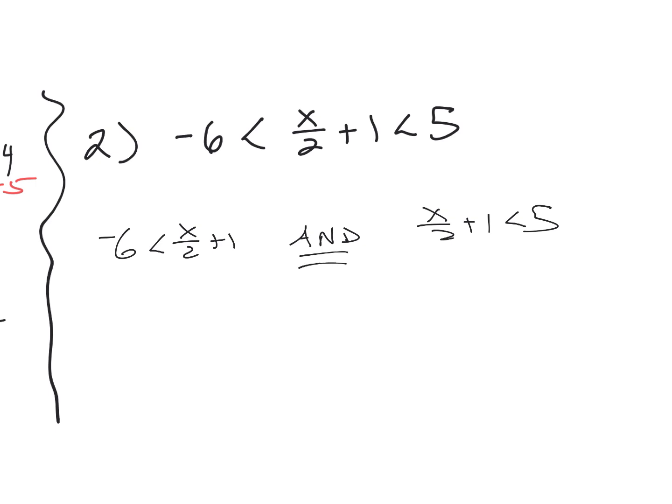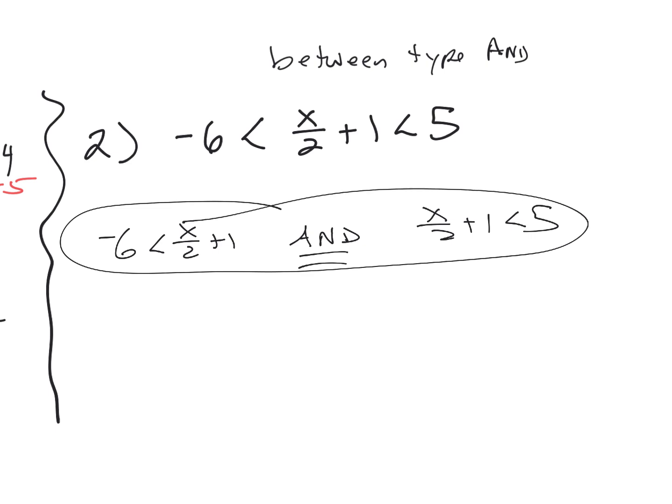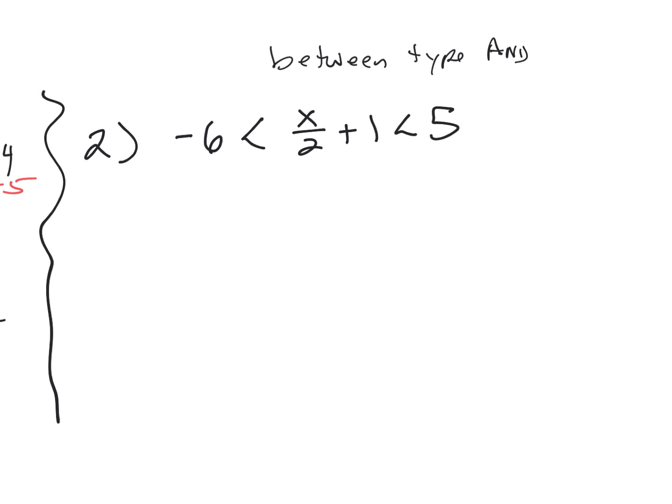We want you to learn how to solve a between type of an and problem without rewriting it as two separate problems. So I will not accept if you rewrite it. A lot of the apps that you take a picture of will show you to separate it. So I will not accept that.